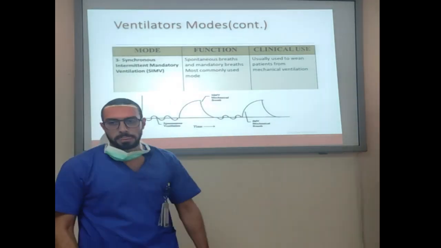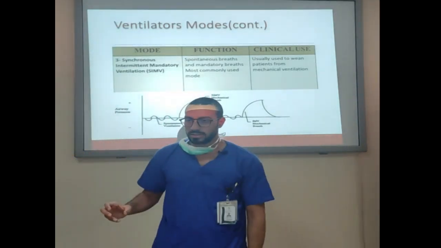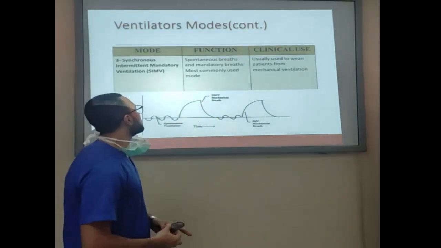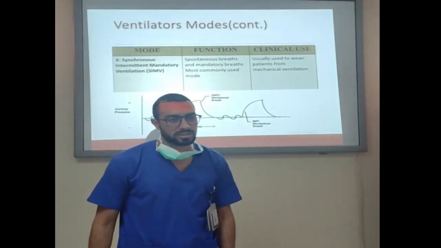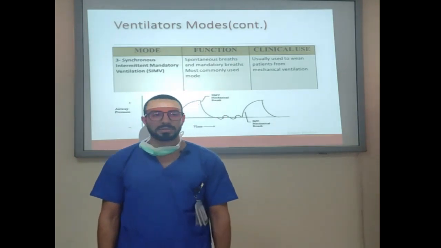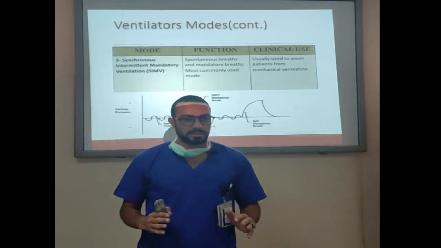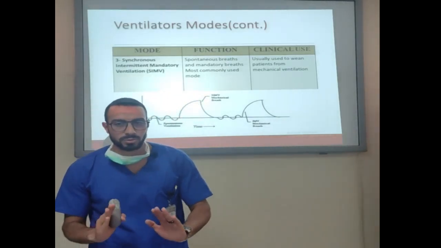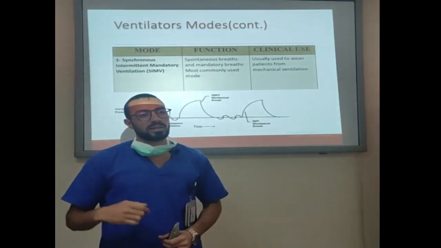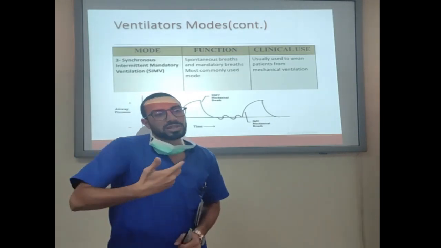This one is called SIMV, synchronized intermittent mandatory ventilation. Let us just analyze these words. Synchronized means that it's synchronized a little bit with the work of the patient, so it will give the patient the ability to trigger the vent.